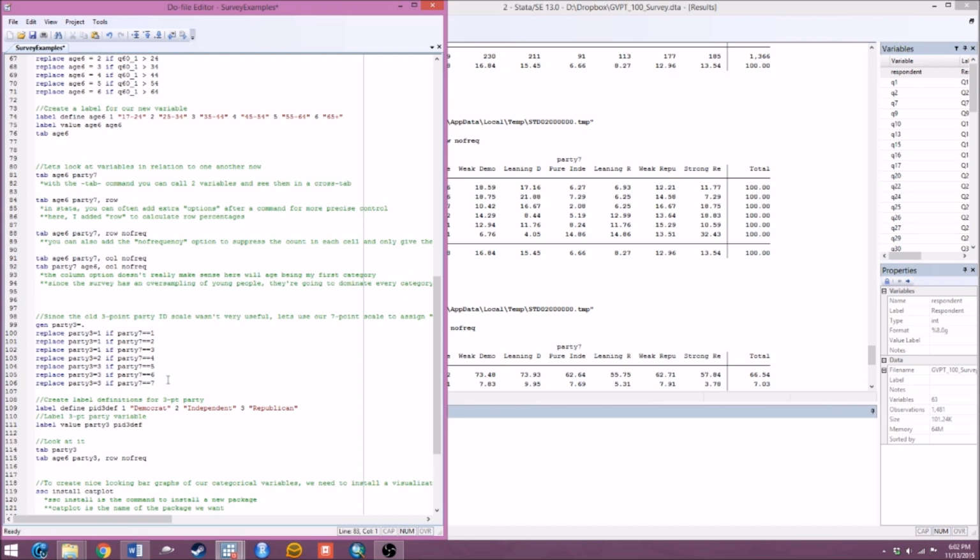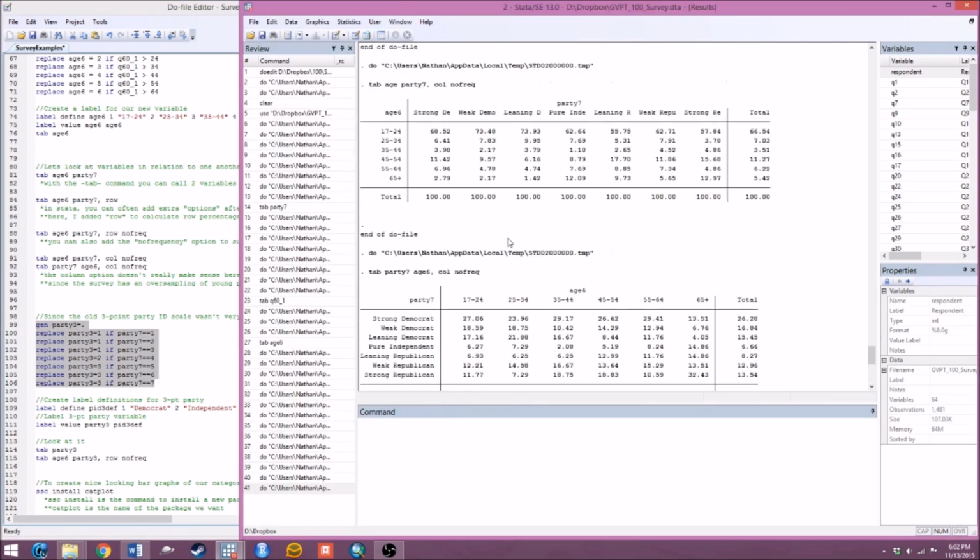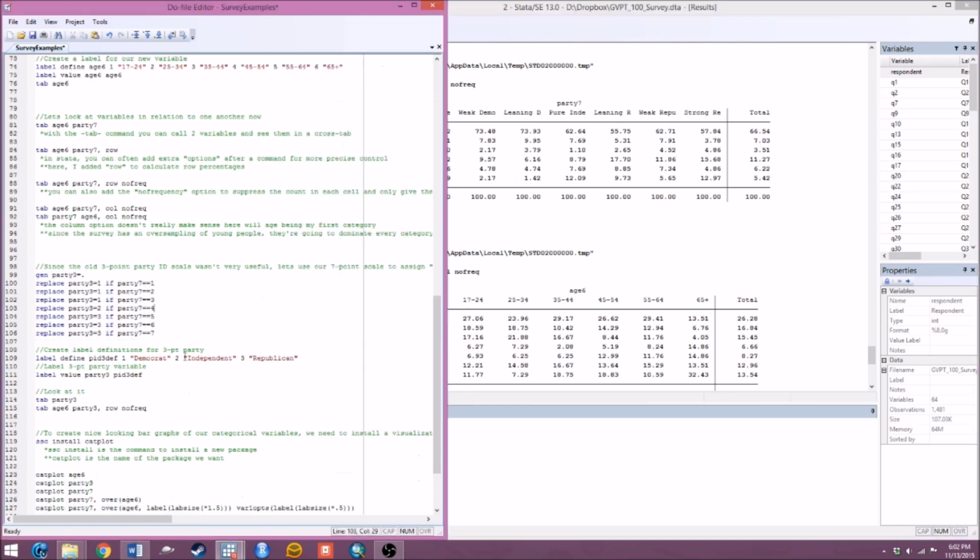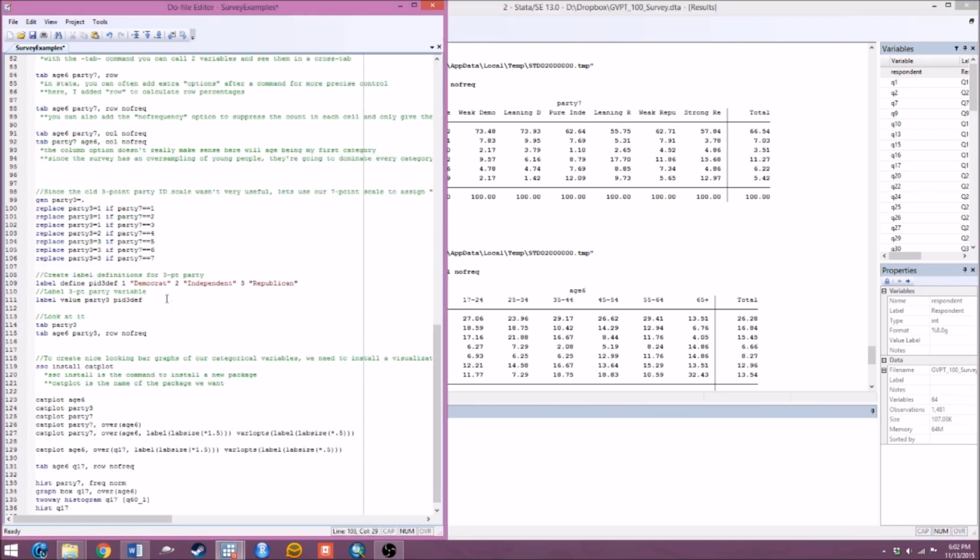This is just another variable that I created. So maybe you don't care about strength of partisanship. Maybe you think partisanship is the only thing that matters for your hypothesis, and that's totally fine. What you can do is collapse our 7-point back into a 3-point, a 3-point scale that has already sorted out all the independents, so that we don't have a bunch of leaners in our independents anymore.